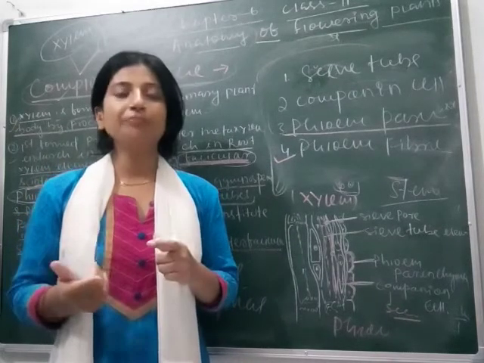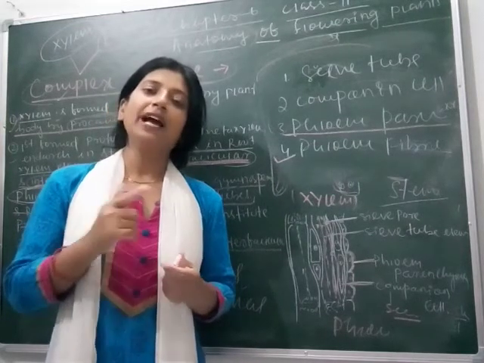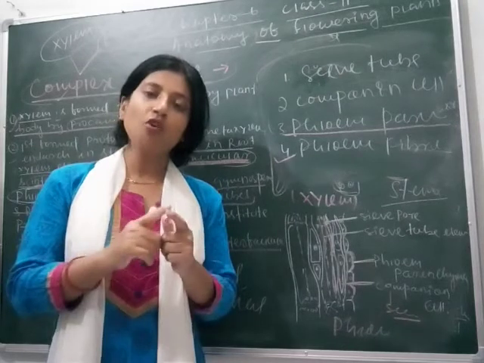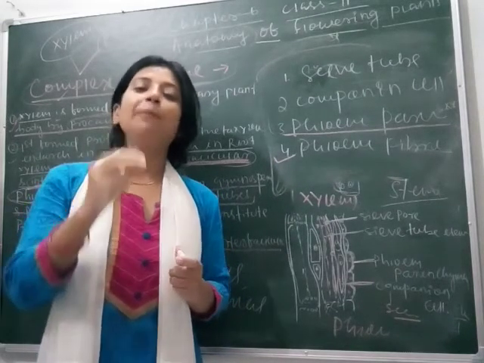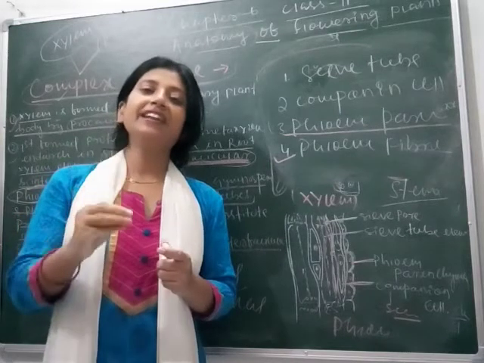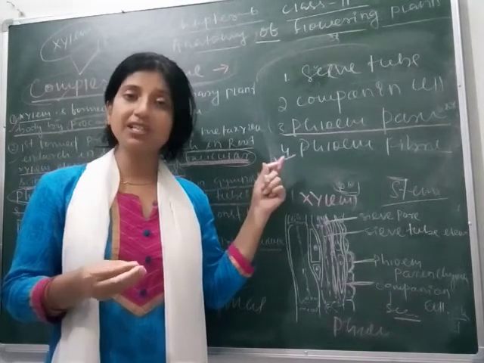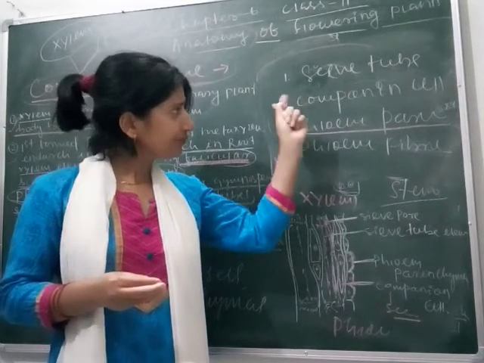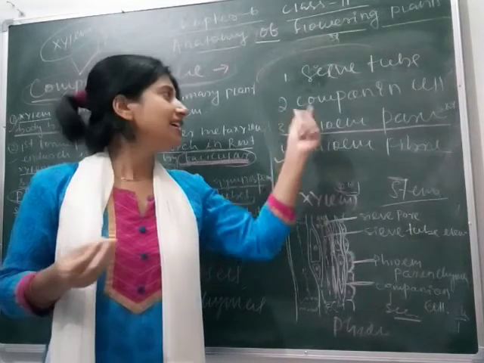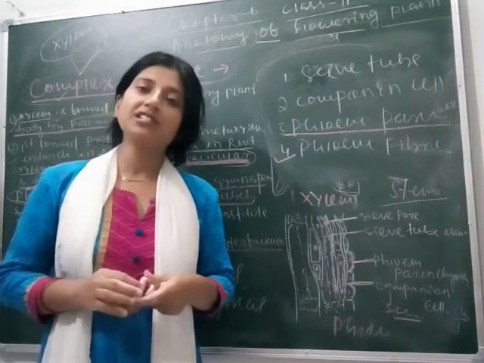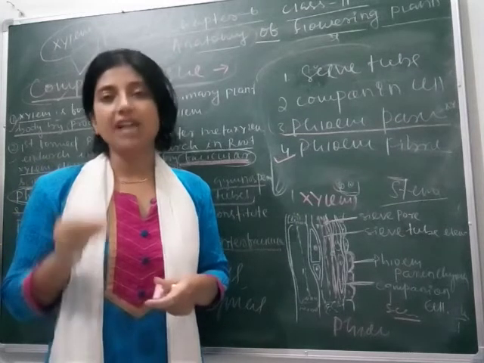Xylem and phloem together form the vascular bundle. They both help in the transportation. No one can be alone present in the plant. If it is present in the plant, then some other elements substitute for the transportation. Like I have told you that some groups of plants lack companion cells, sieve tubes, tracheids, but they have some substitutes for transportation.